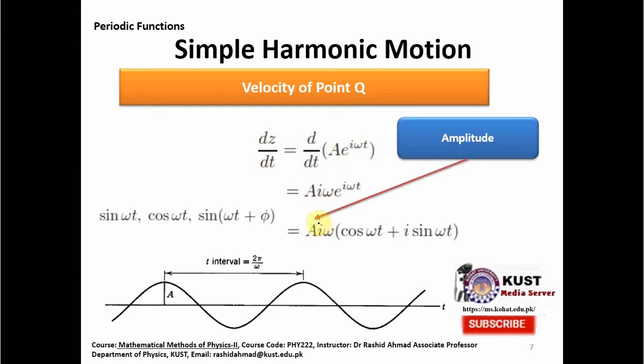This a is called the amplitude, or the velocity amplitude, because this is the maximum velocity we can have, this dz by dt.